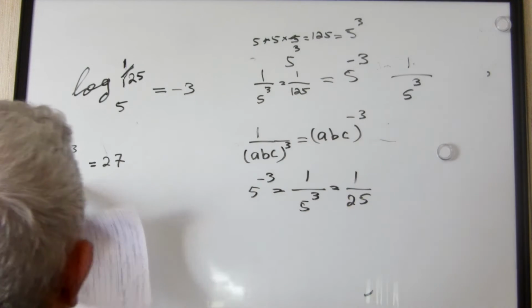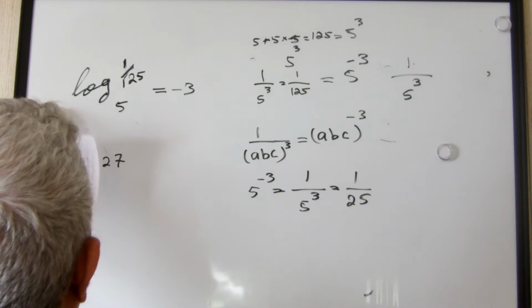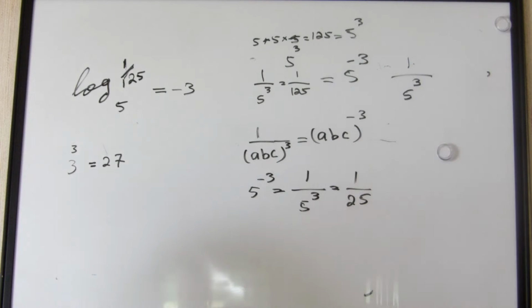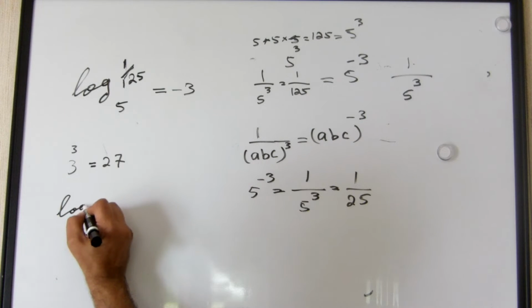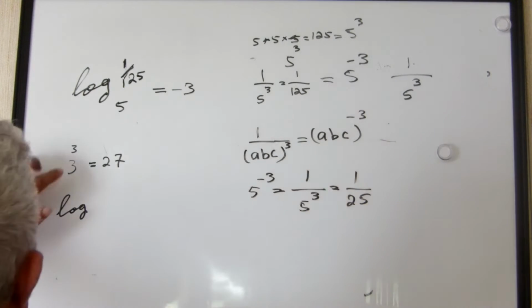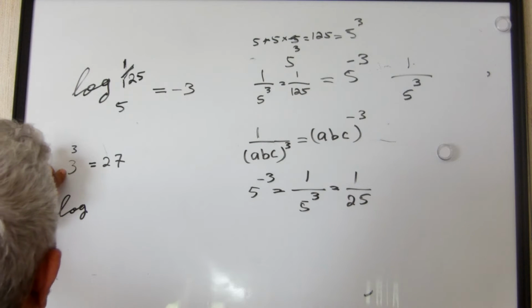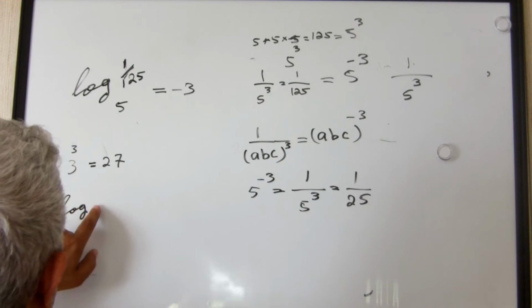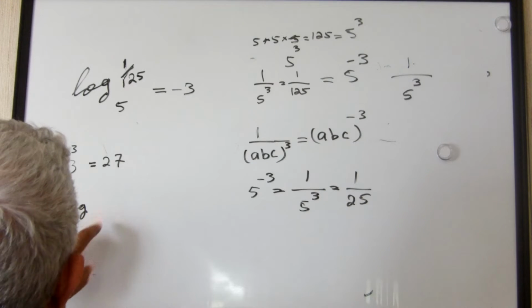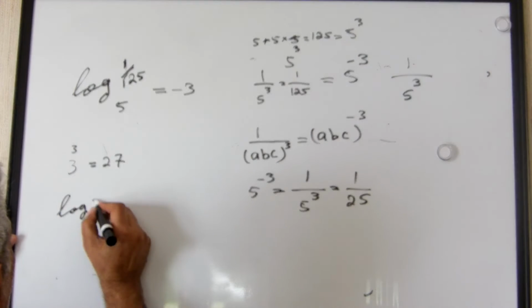Okay, write it in a logarithm way. We change it to logarithm, in terms of logarithm. So what we say is log of 27. See, this was the base, and this is the exponent there, and it is going to be logarithm of 27 to the base of 3.